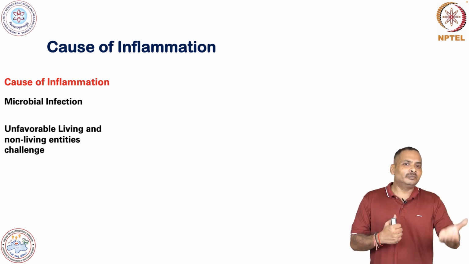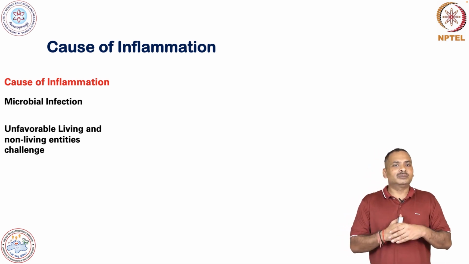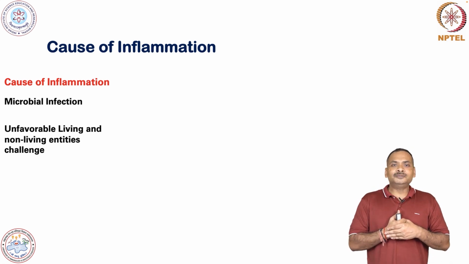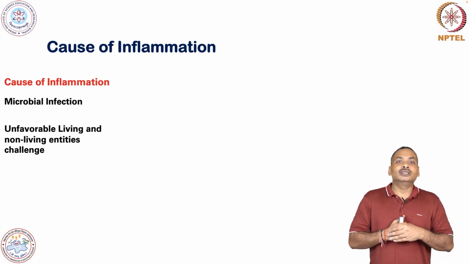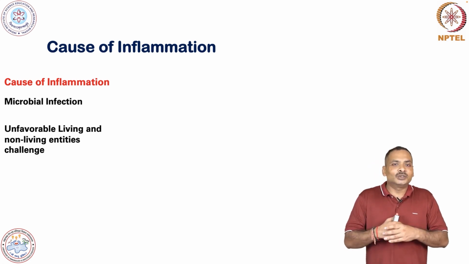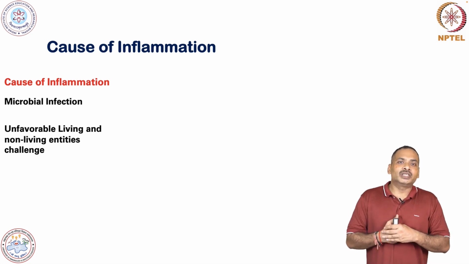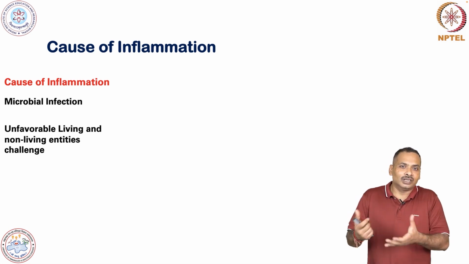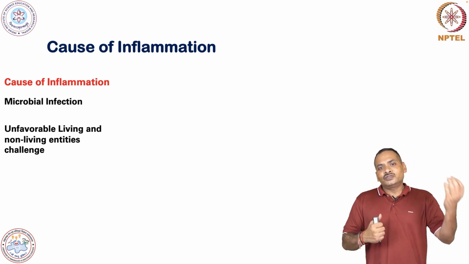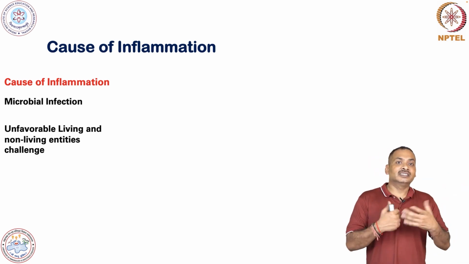If those non-pathogenic microbes somehow reach the system, that may also cause inflammation. That is the living entity, and the non-living entity is very easy to understand: for example, pollutants. They are non-living, but they do cause inflammation.